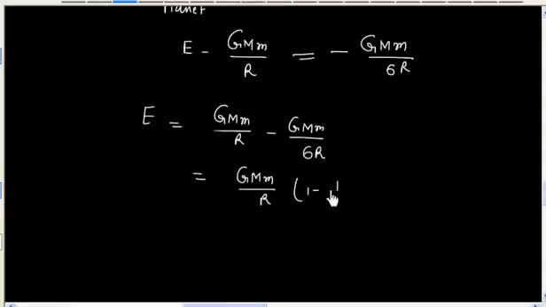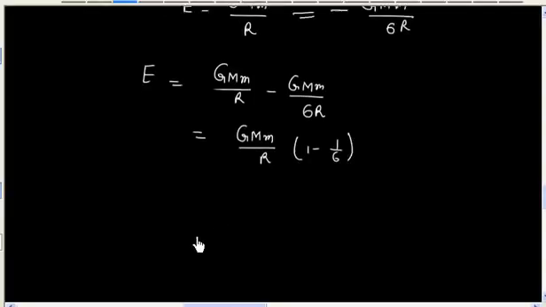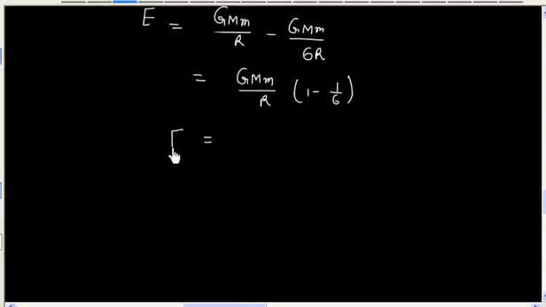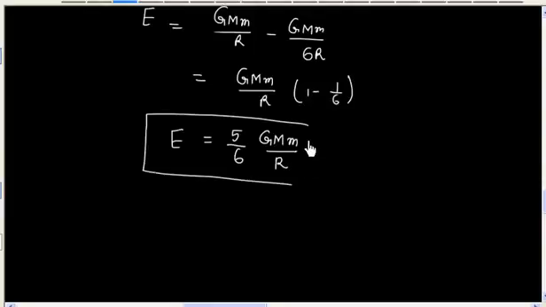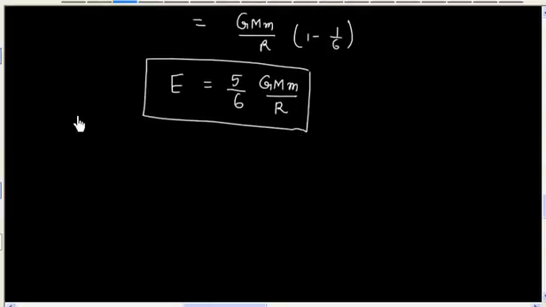1 minus 1 by 6, that is 5 by 6 GMm by R. So this is the minimum energy required to launch this satellite.